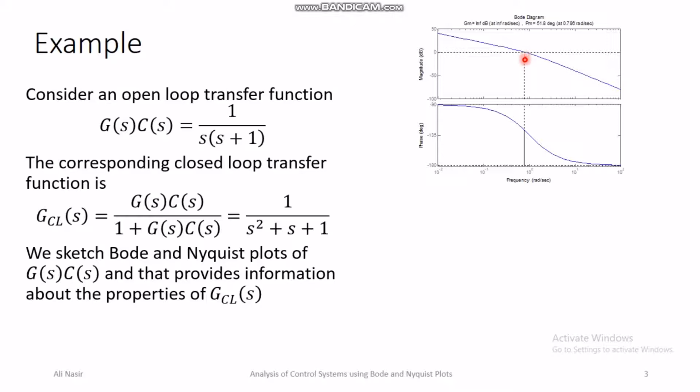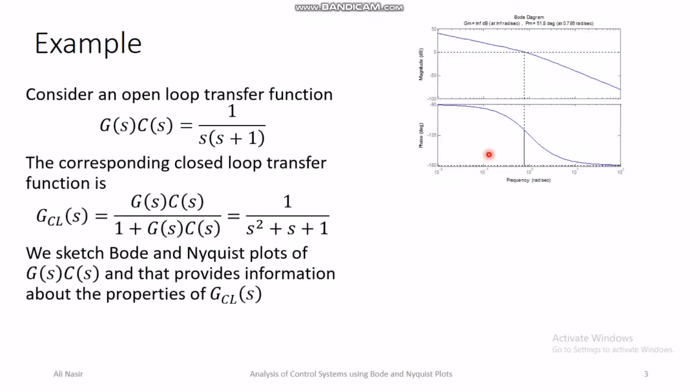This value of frequency at which the gain plot crosses the 0 value is called the gain crossover frequency, and it is important in determination of phase margin. And similarly, this is a phase plot. Here also the -180 degree value is of certain importance, as we shall see in the upcoming slides.